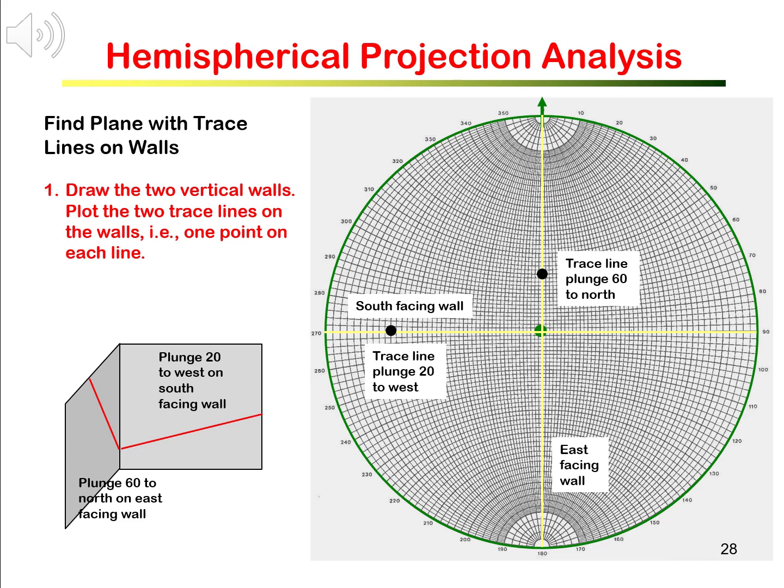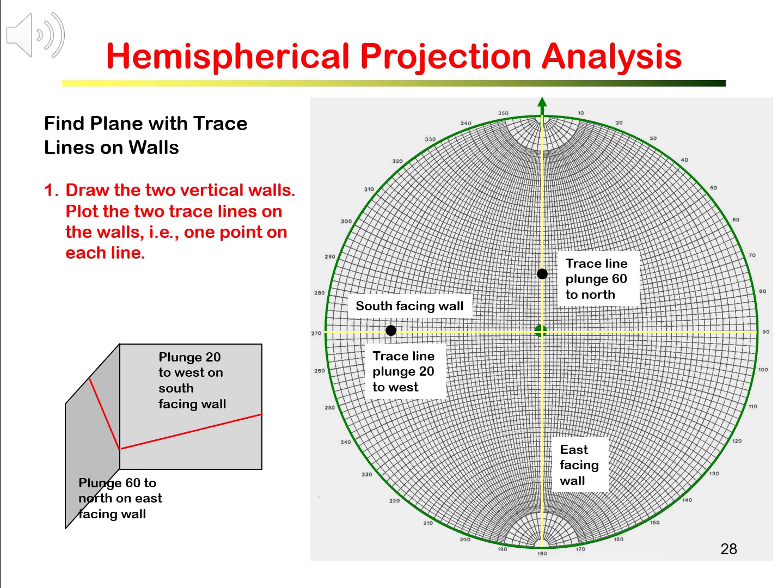From those trace lines, we can estimate the orientation of those joints. In this example, we are going to find the orientation of a joint plane which leaves trace lines on the 2 vertical walls.